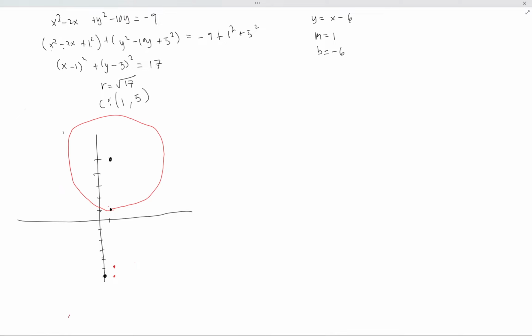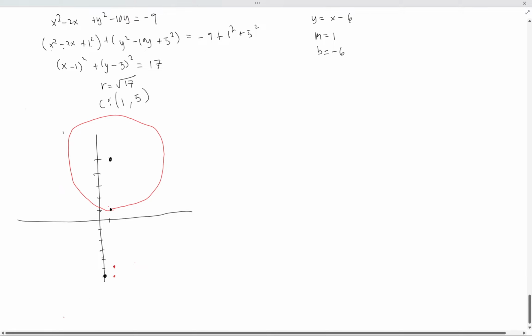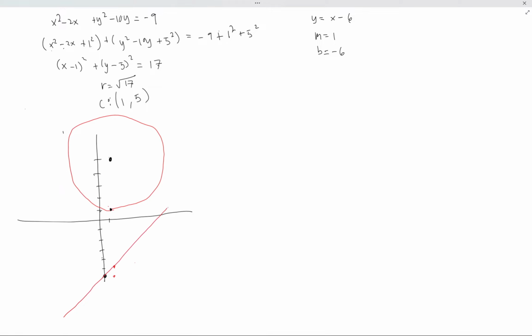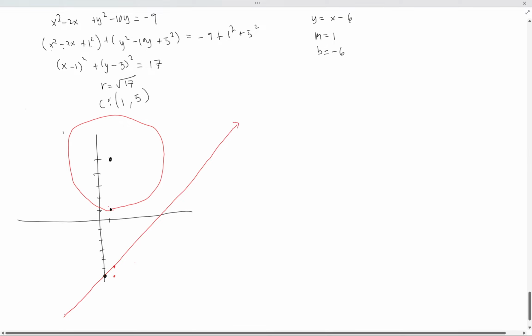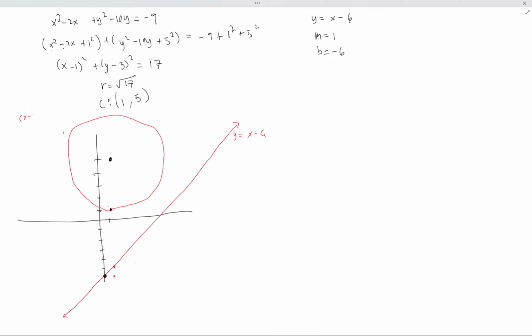We can connect these 2 points right there. So this now will be the line represented by y is equal to x minus 6. Let me just put this standard form right there.